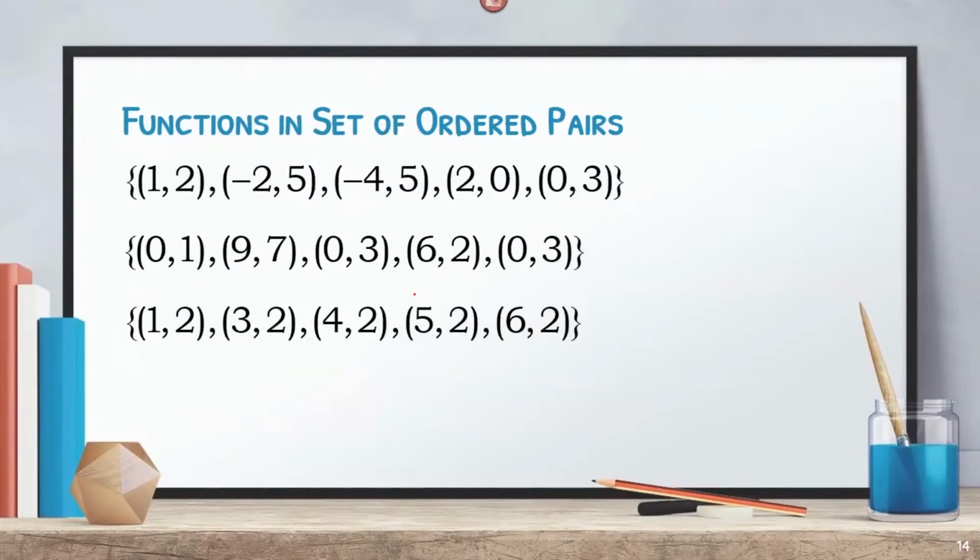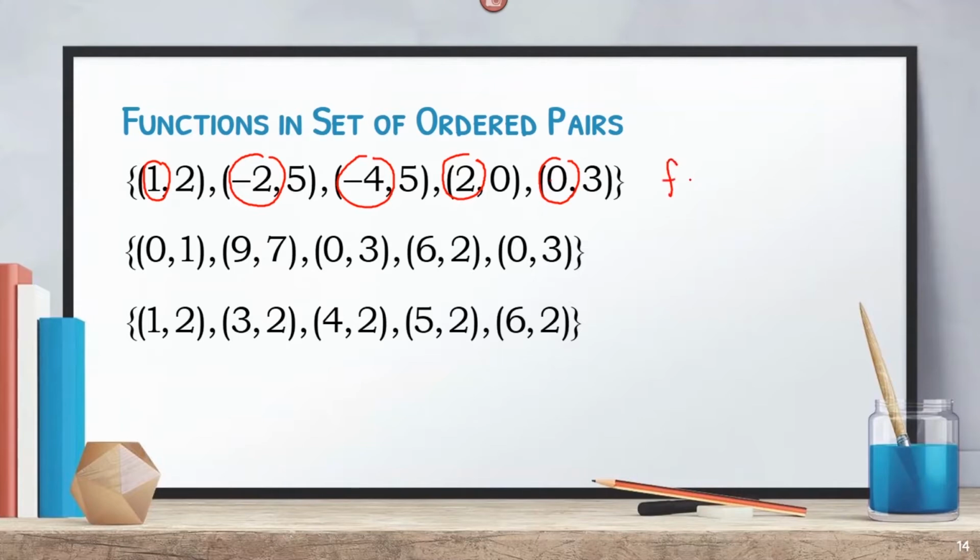If you were given set of ordered pairs to determine if it is a function or not, remember that the values of x should be distinct. Looking at this first example, notice the values of x are different. We have 1, -2, -4, 2, and 0. Thus, each value of x is being paired to only one value of y.